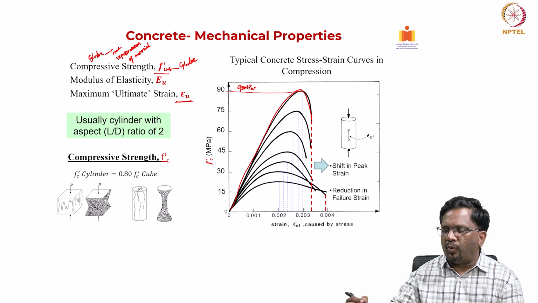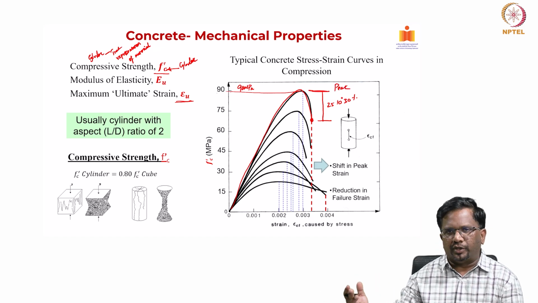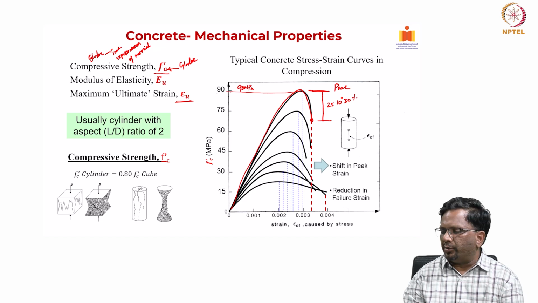Now, what is the maximum ultimate strain? Typically, we take when the load drops by roughly 25 to 30% from the peak. So, this is your peak. You can either take 20 or 25 or 30, typically 20% or 25% is taken as a standard.